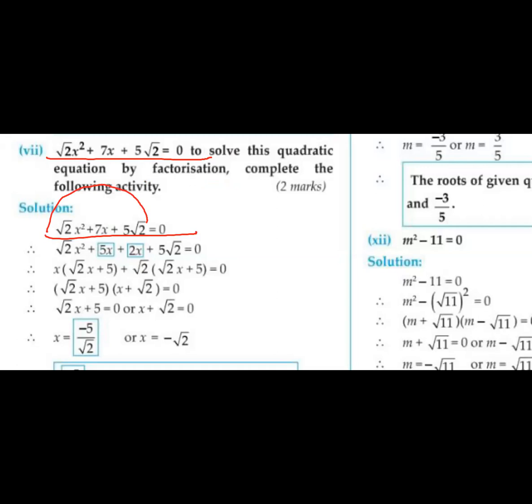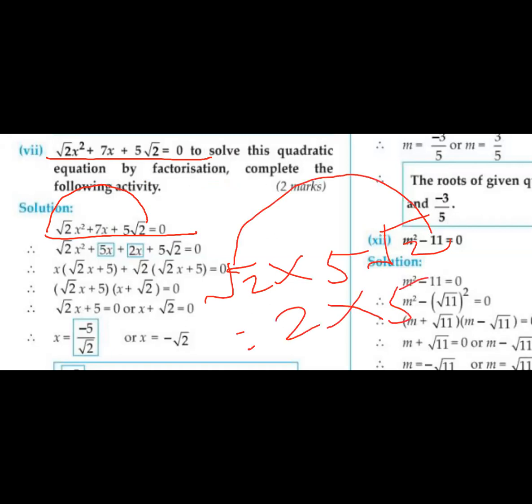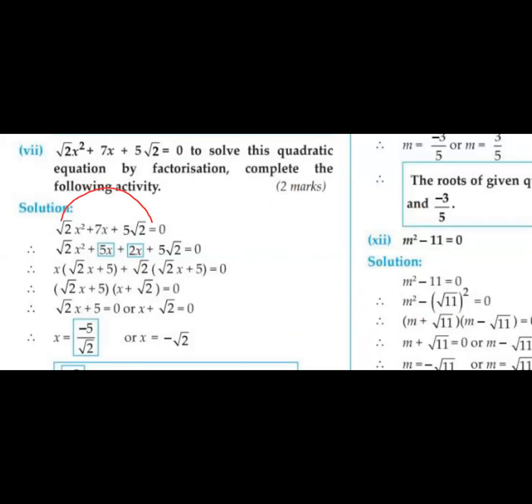Root 2 into 5 root 2. See, root 2 multiplied by 5 root 2, so this root 2 will become 2, and 2 5 is 10. Right? The multiplication of first term and last term is 10.